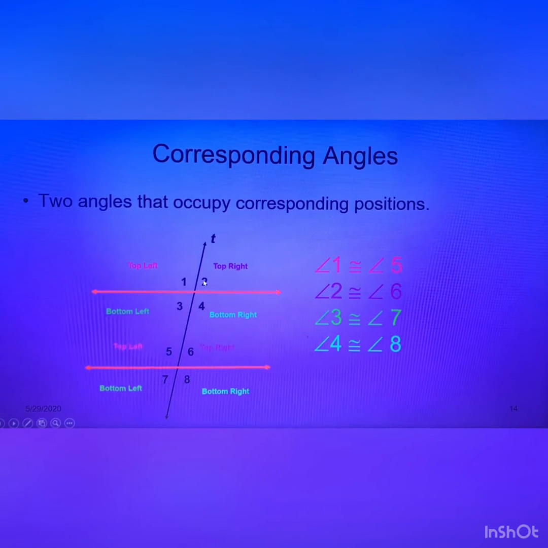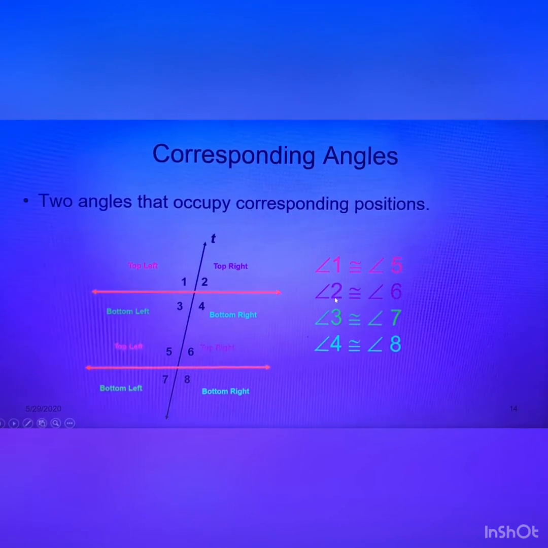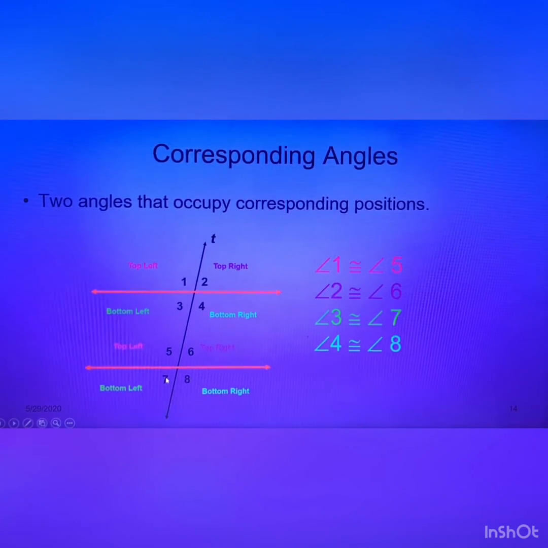Similarly, angle 2 and angle 6 are also equal to each other. And angle 3, this is the bottom left part and this is the bottom left part. So angle 3 and angle 7 are once again corresponding angles and they are equal.